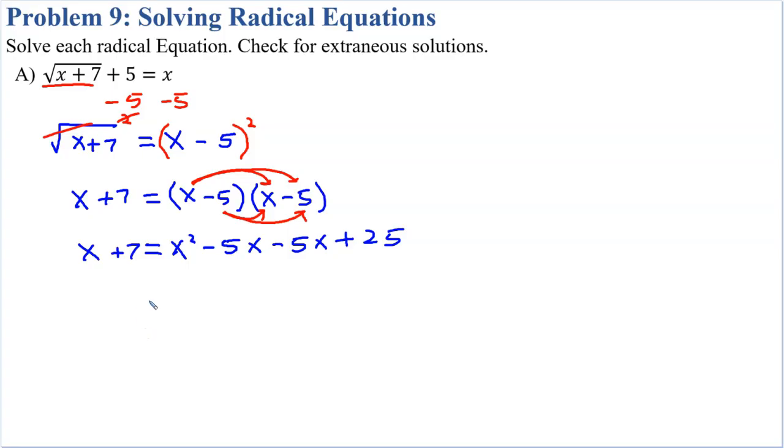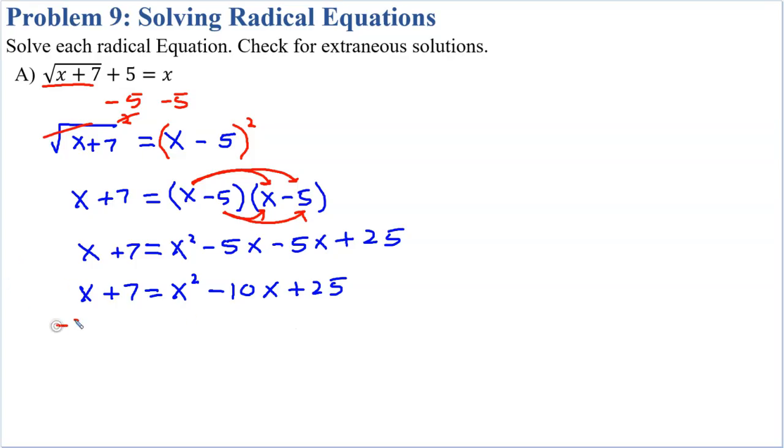All right, so starting to look a little bit ugly, but once we simplify it, what we'll see is we're left with just a quadratic equation, kind of thing we dealt with a bunch in the first semester. Really the only thing I can combine here right off the bat is the negative 5x and the negative 5x. They'll give me a negative 10x. And remember, to solve a quadratic equation, we want to set things equal to 0.